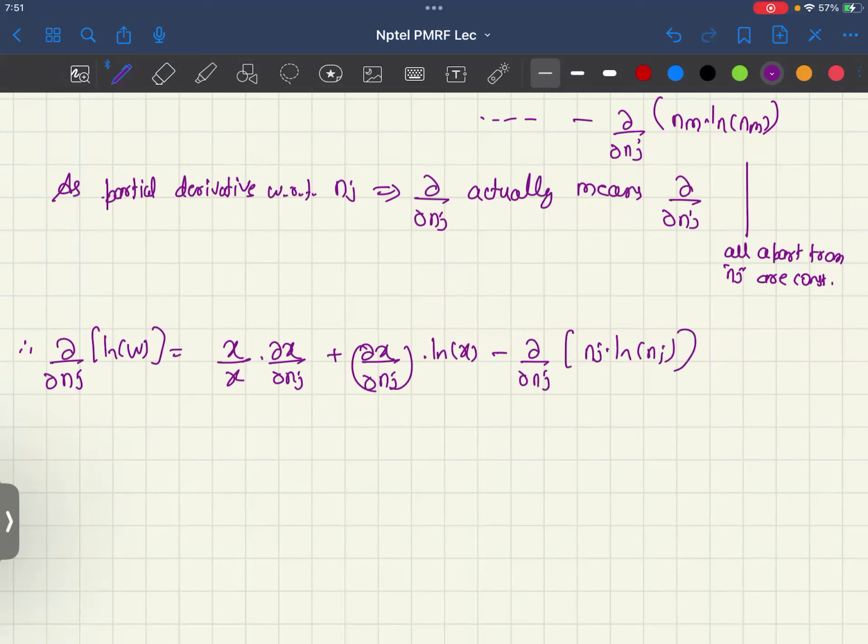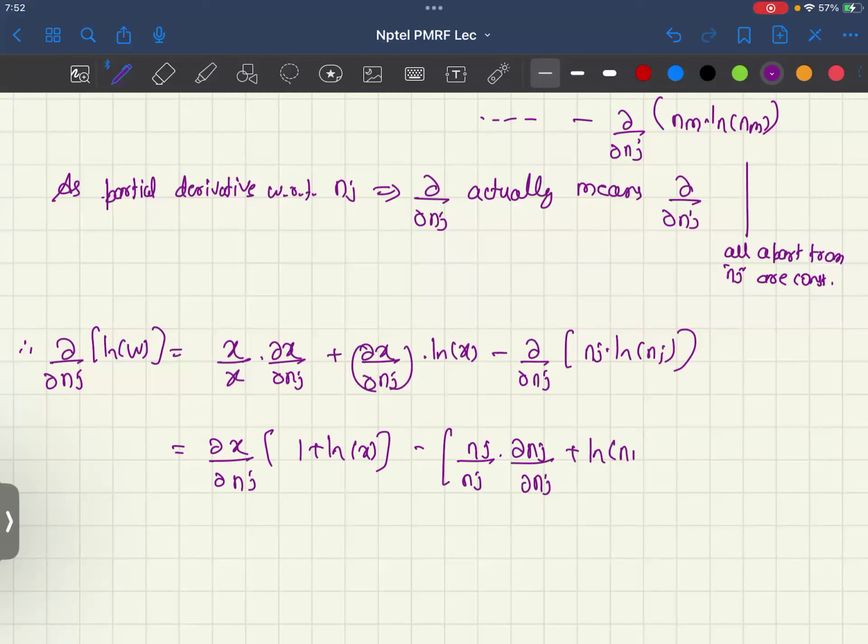Why? Because all other things become constant, right? So their derivative becomes 0. Dou by dou x of dou nj into 1 plus ln of x minus nj by nj into dou nj by dou nj plus ln of nj into dou nj by dou nj.